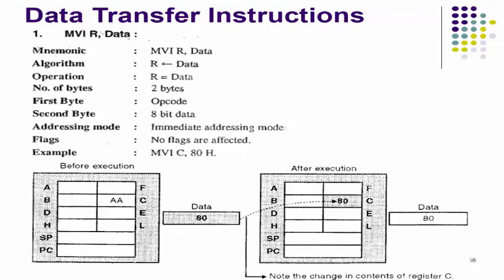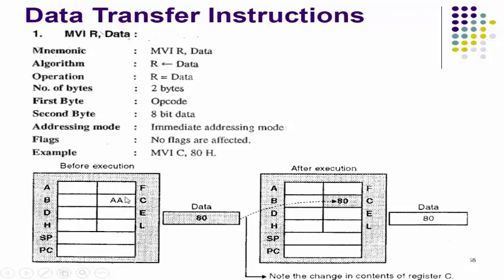Its pictorial form is shown below, with two cases: before the execution of the MVI C, 80H instruction and after the execution. Before execution, on the left hand side, we can see different general purpose registers: accumulator paired with F, BC pair, DE pair, HL pair, SP, that is stack pointer, and program counter. We are interested only in the C register because in this instruction the C register is given.